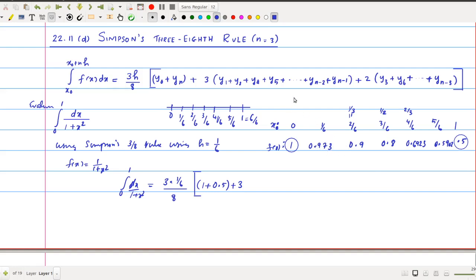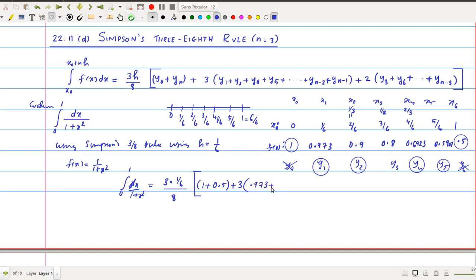To observe easily, write x0, x1, x2, x3, x4, x5 and x6, with values y0, y1, y2, y3, y4, y5 and y6. We have used y0 and y6 here, and 3 times we use y1, y2, y4 and y5.